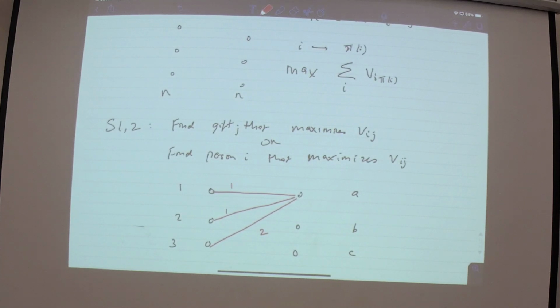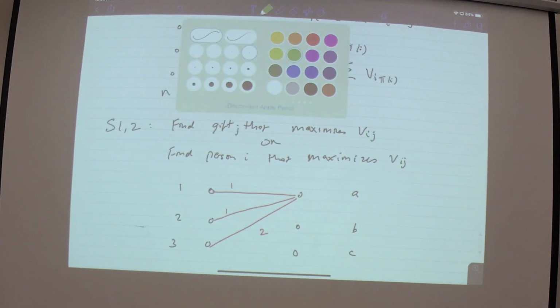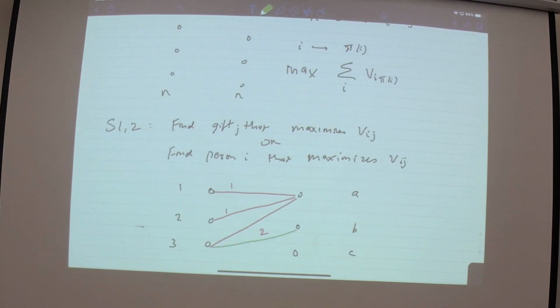And then for gift B, person 3 values it at 10. And then 2 and 1 could be any number. They can also be 1.